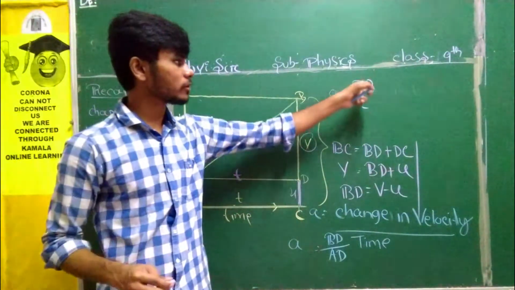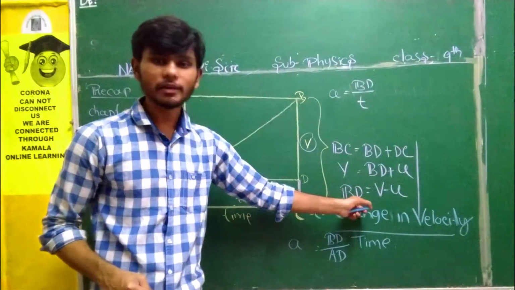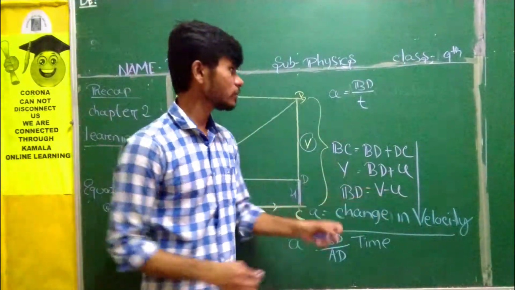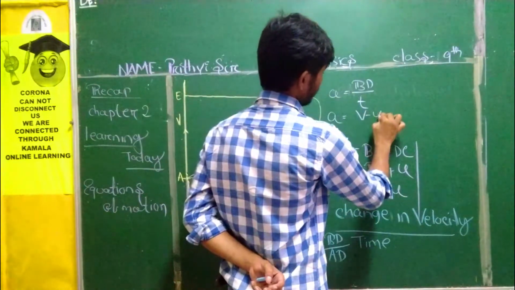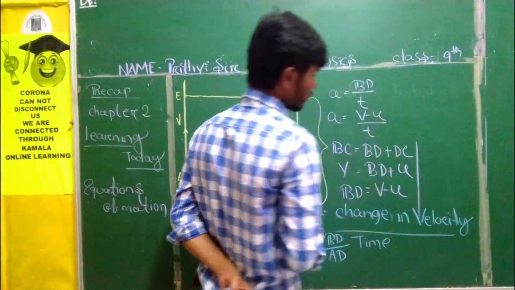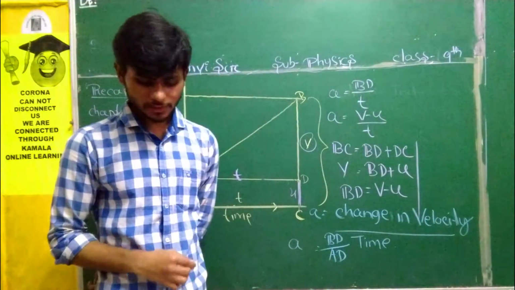The value we got is A is equal to BD by T. And what is the value of BD we got? V minus U. So here A is equal to V minus U by T, we got or not? Yes, we got.